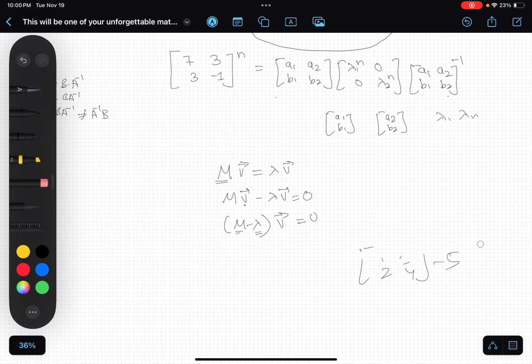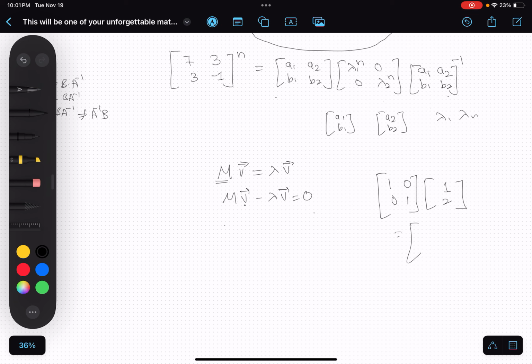For that we again have a solution. In our case, this b vector is a two-dimensional vector, right? Even if I multiply this by the 2 by 2 matrix 1 0 0 1, this will still be 1 0 times 1 2, which is 1, and 0 1 times 1 2, which is 2. It will be the same, right?